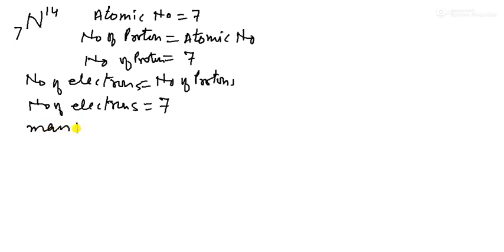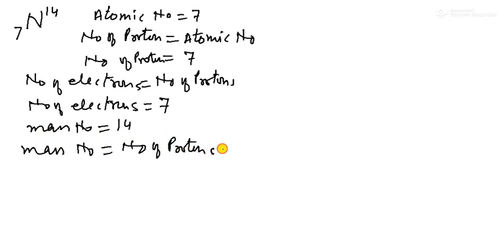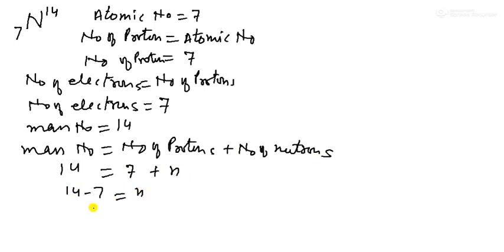Mass number is equal to the number of protons plus the number of neutrons. So the mass number is 14, the number of protons is 7, and the number of neutrons we don't know, let it be n. So 14 minus 7 is n, so n is equal to 7. So the number of neutrons is 7.